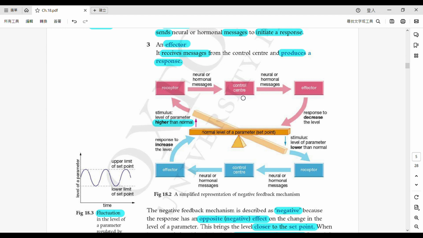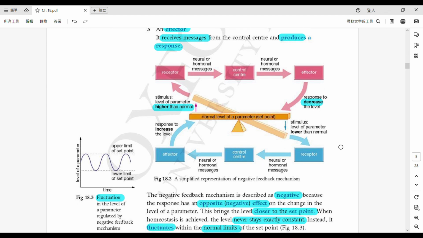Control center 就去 analyze, 就去 compare 呢個嘅 difference in level 有咩改變呢? Compared to set points, and then send message to the effector. Effector 就會 give response, 然後就會嘗試 decrease 翻 the level, and therefore after it decrease the level, it gets back to normal. Okay, vice versa. Okay, 相反就係下邊嘅情況啦.